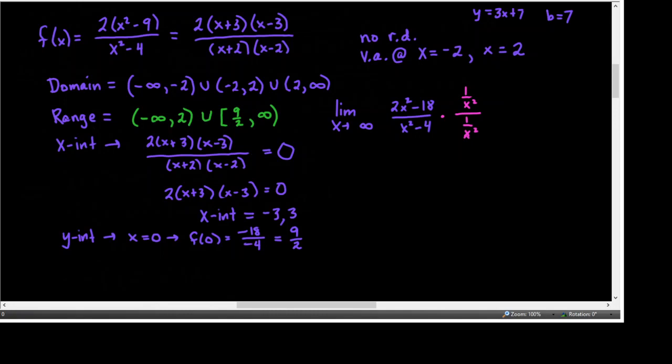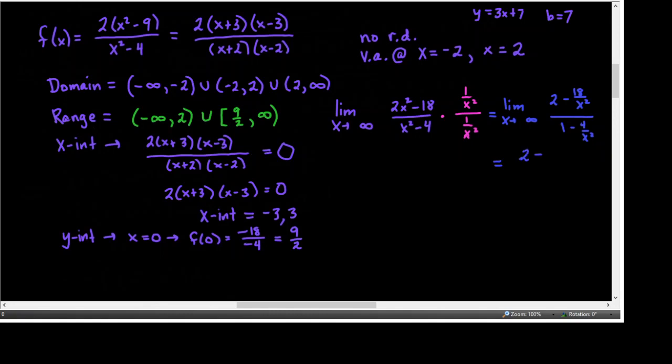and rewrite this after distributing as 2 minus 18 over x squared over 1 minus 4 over x squared, and the limit of the constant 2 is 2.